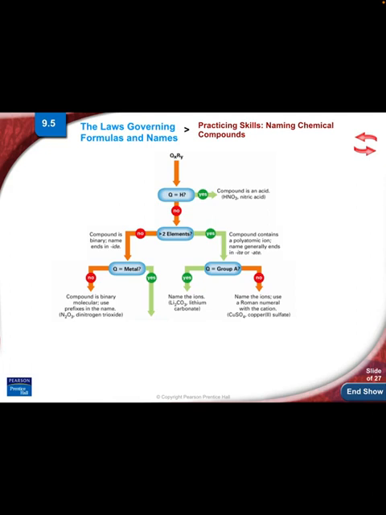Staying on the left side, if the Q, the cation, is a metal, let's say it's not, then it's a molecular compound. If it's not a metal, it can't be a metal salt.